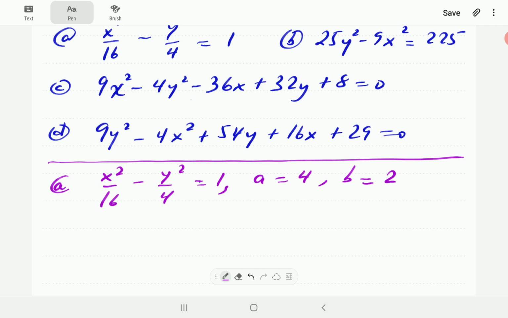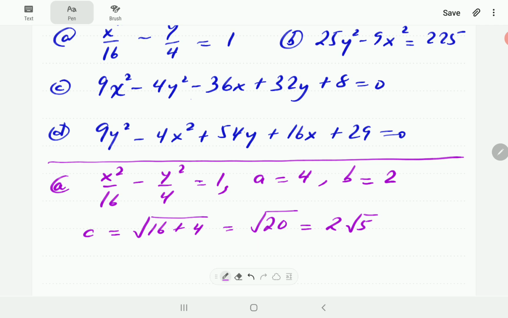Then c, remember that a squared plus b squared is c squared in this case. So c is going to be the square root of 16 plus 4, which is the square root of 20. That is going to be 2 square root 5.